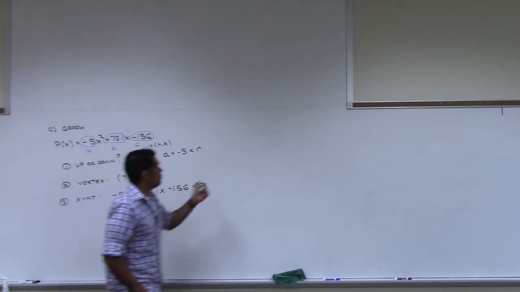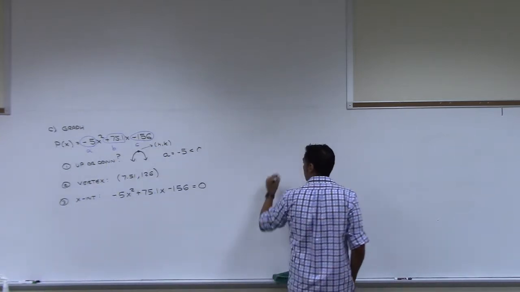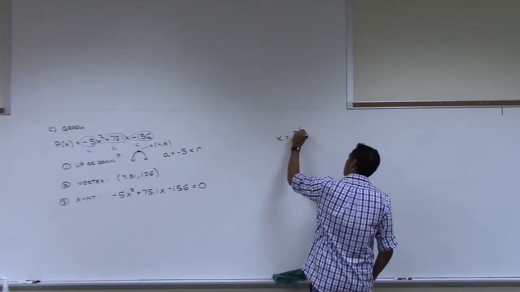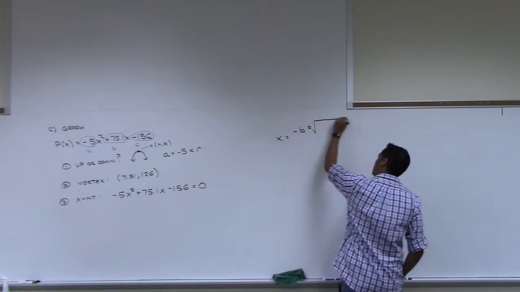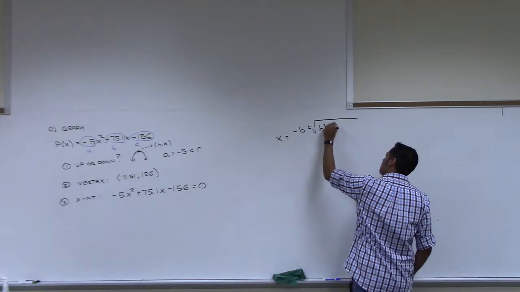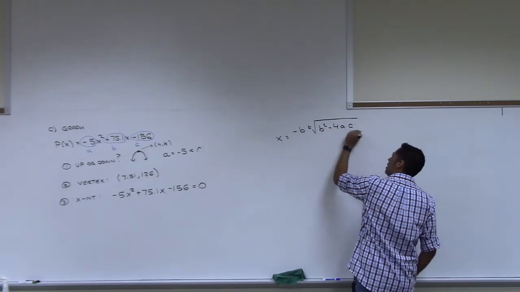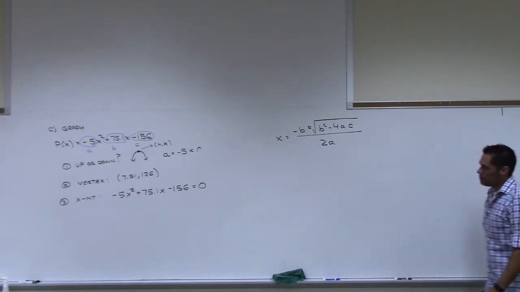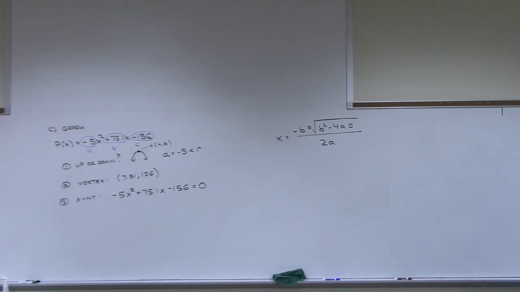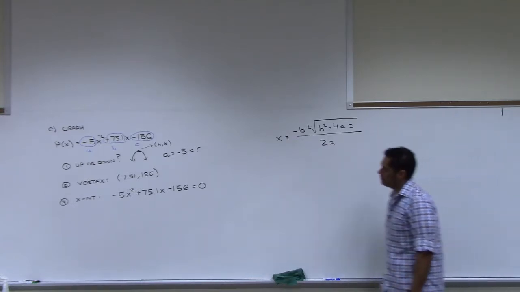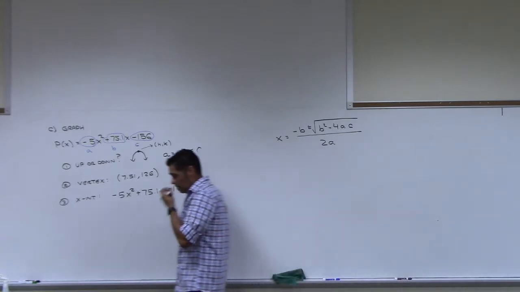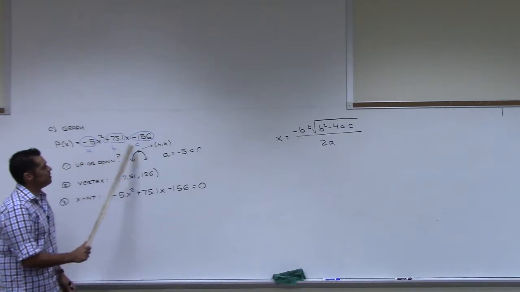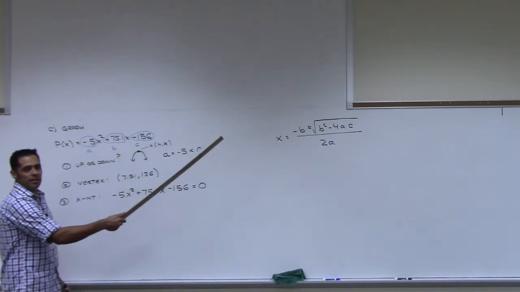So let's write the quadratic formula. The quadratic formula says if you have this, then x equals -b plus or minus the square root of b squared minus 4 times a times c, all of that divided by 2 times a. So this is where all these little numbers are going to come into play. A, B, and C. They all get plugged in here.